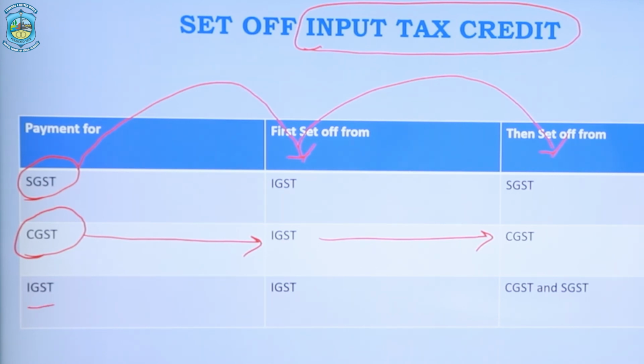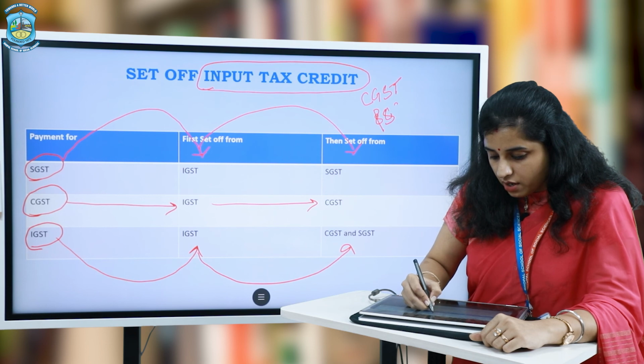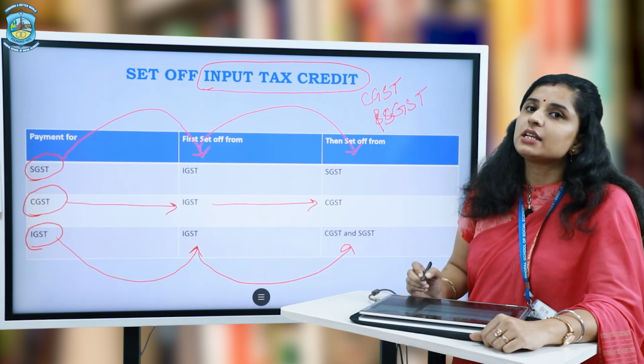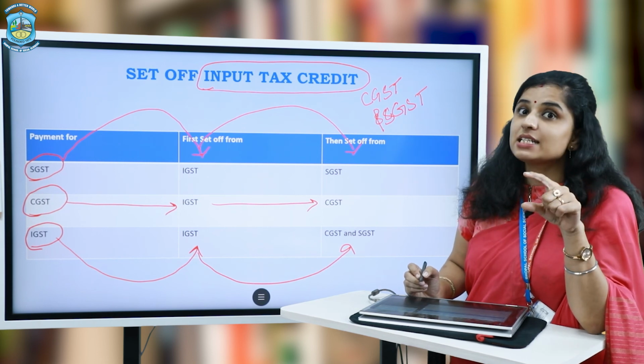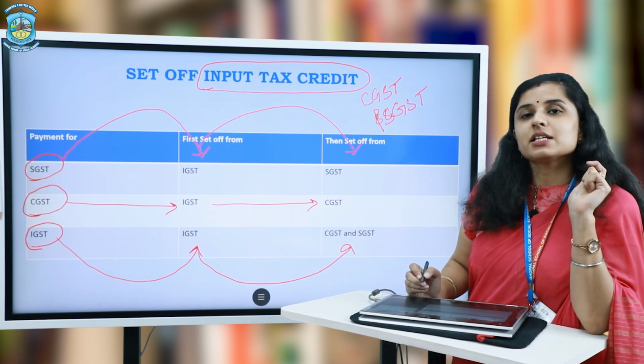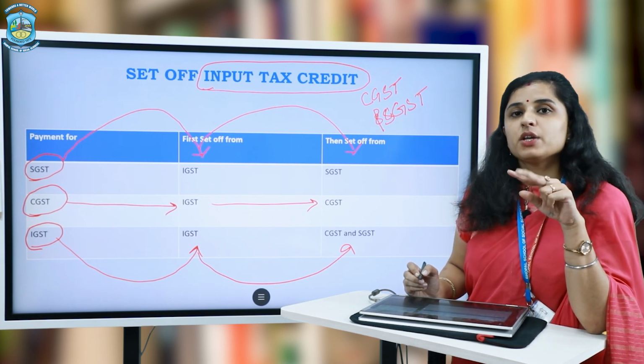And input tax credit of IGST will be utilized for the payment of IGST and then for the payment of CGST and SGST. If you can draw a conclusion from here, the conclusion is CGST input and SGST input cannot be used with each other. CGST input will only be used with IGST and CGST, and SGST input will only be used with IGST and SGST. They cannot be used with each other.